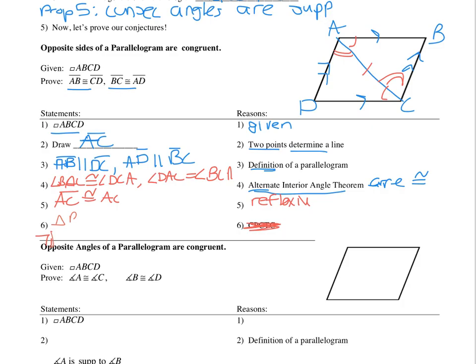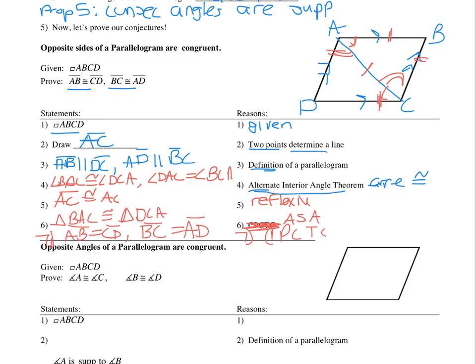I'm using triangle BAC congruent to triangle DCA, and I've used angle, side, angle. Then number 7, I'm going to say that AB is congruent to CD, and BC is congruent to AD, and that, number 7, is CPCTC. These are opposite, and they're corresponding parts of the congruent triangles, so they are congruent.